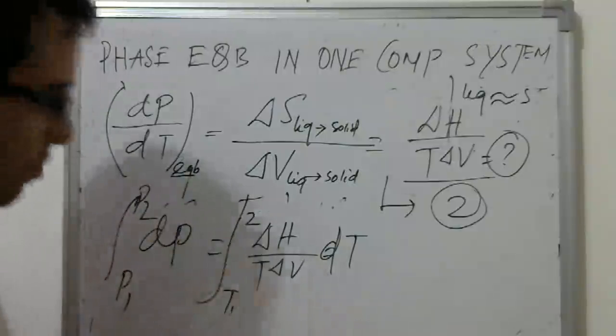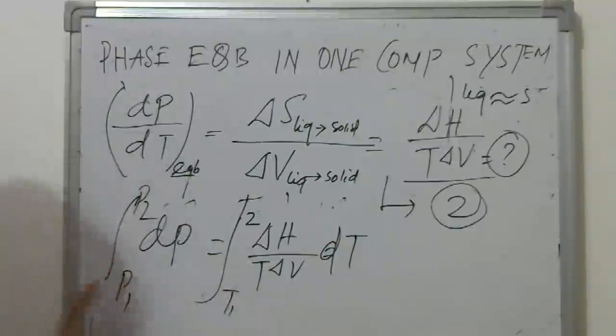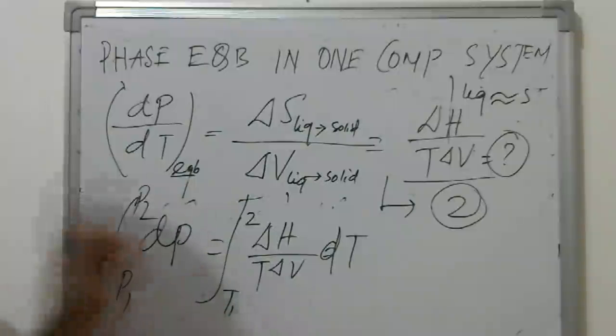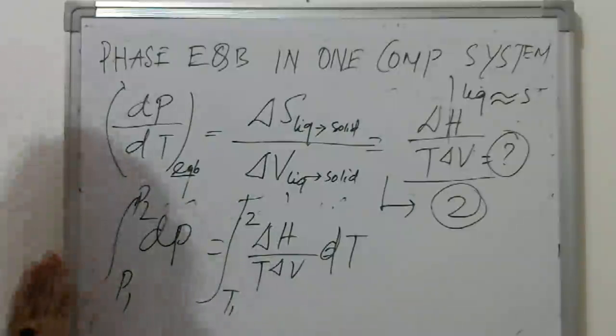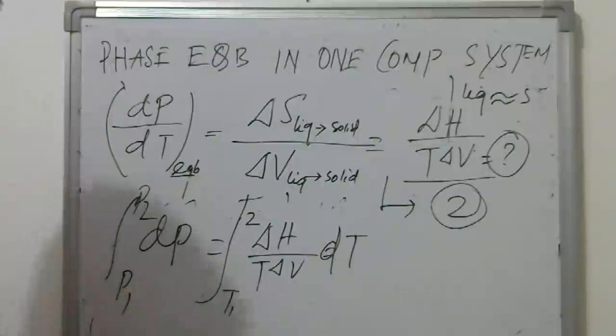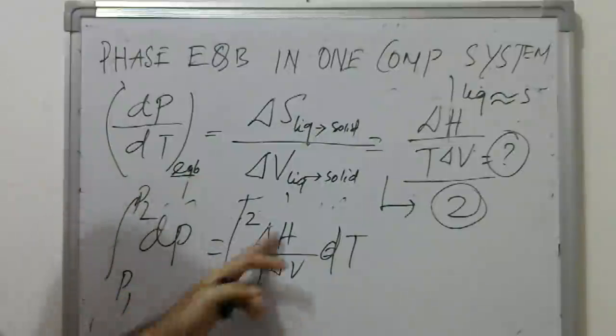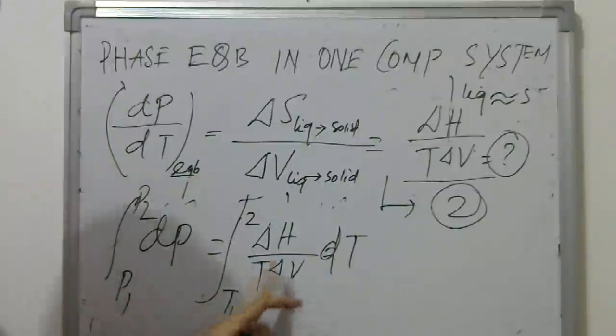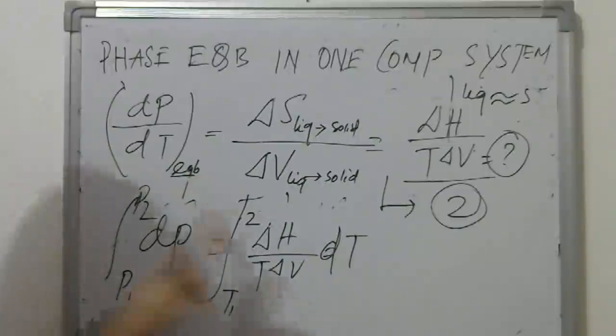So what does this mean? If pressure is changed from P1 to P2, the temperature has to be changed from T1 to T2 to re-establish the equilibrium. At a different pressure, you have a different temperature to establish the equilibrium. That's what it gives. Normally, if delta H by delta V is not a function of temperature, then you can take it out.